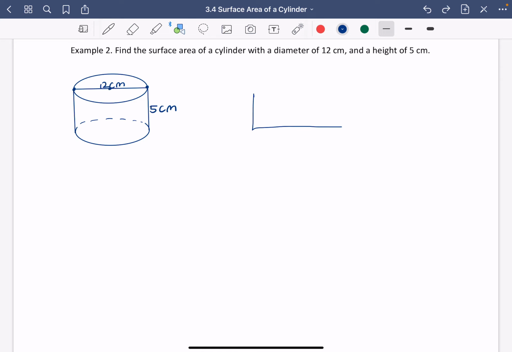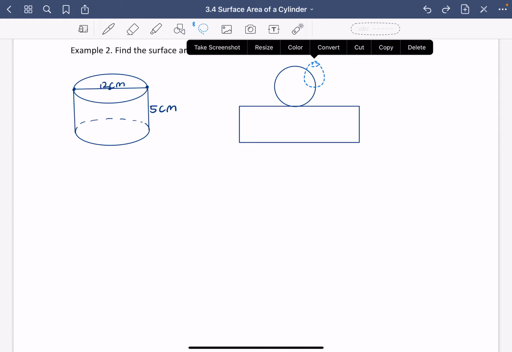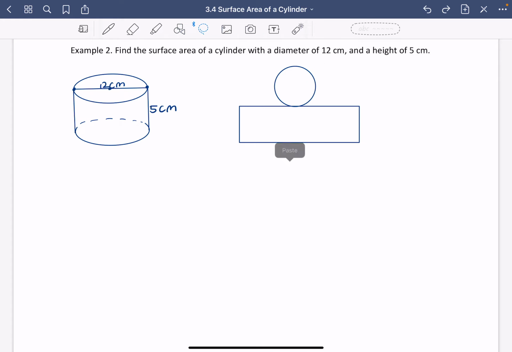Well, I will have a rectangle that is the side, and then I'll have one circle on top. And one circle on the bottom. And these two circles are the same, so I will just copy and paste it here. There we go.